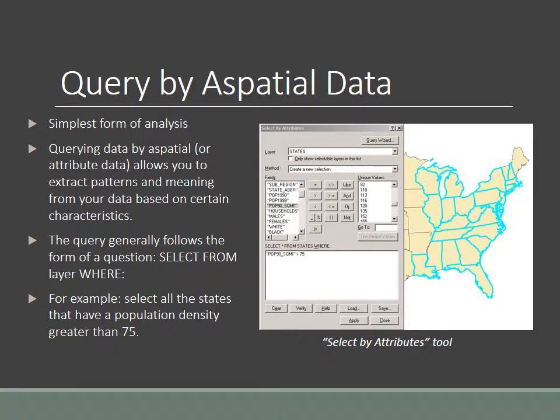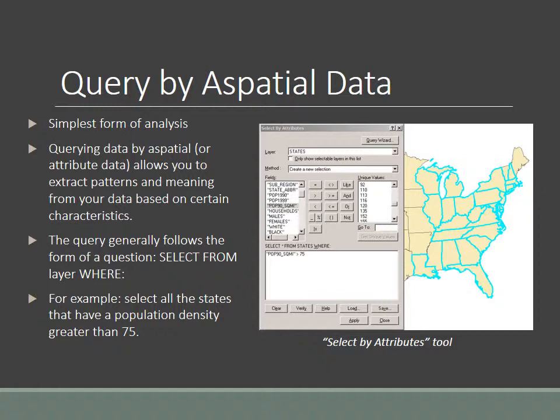A GIS also allows us to query records based on aspatial data. As we learned last week, aspatial data is data that does not have a geographic reference and cannot be mapped by itself. Aspatial data queries are the simplest form of analysis. The query usually follows the form of a question.